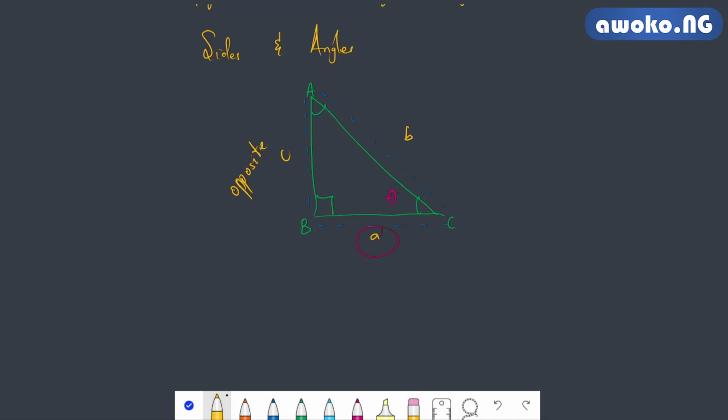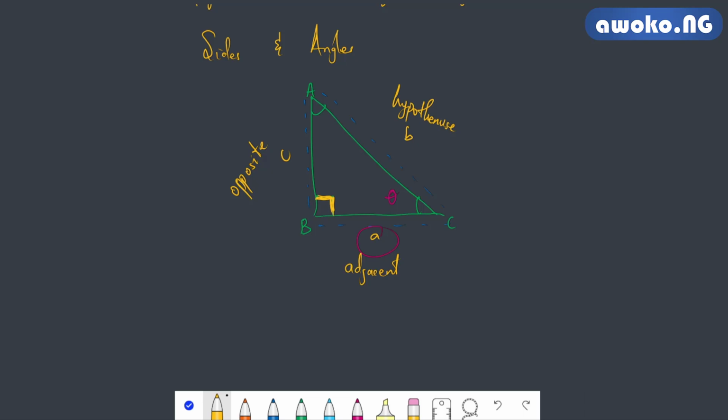Now, having said that, remember the right angle is this angle here. So the side facing the right angle is usually known as the hypotenuse, and it is always the longest side in a right-angled triangle, while the remaining side is called the adjacent side of the right-angled triangle. Is that okay?